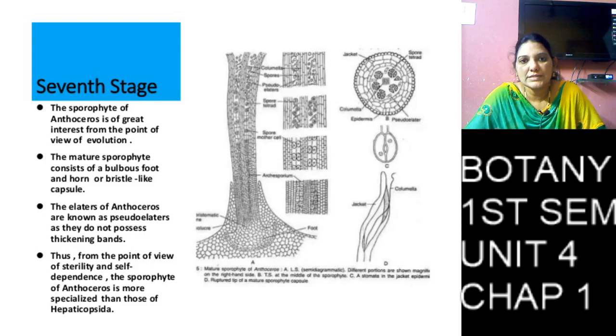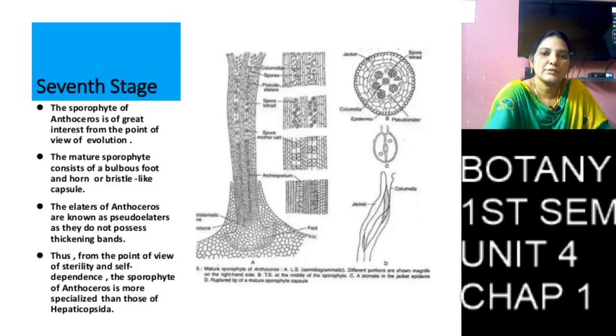Here in Anthoceros there is no peristome teeth, no epiphragm, diaphragm, apophysis; only columella present here. Spore sac also absent here. So here the peristome teeth, spore sac, apophysis, epiphragm and diaphragm are reduced.